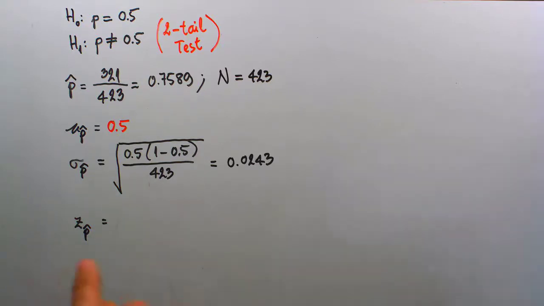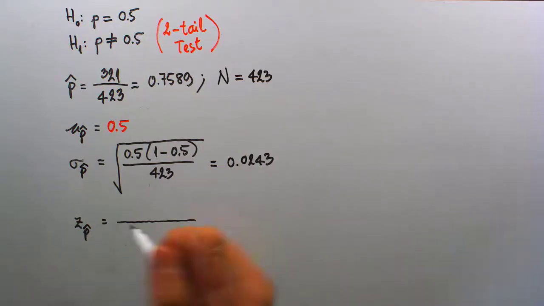And again, optionally, I'm using a subscript p hat right here to indicate that our z-score is the z-score special for this particular p hat we're using. But the way to calculate the z-score remains the same.